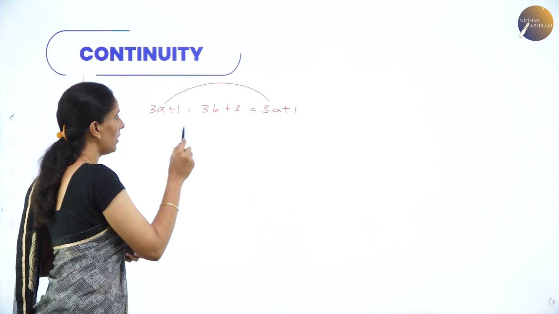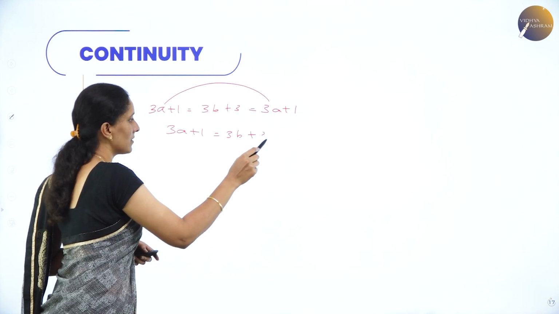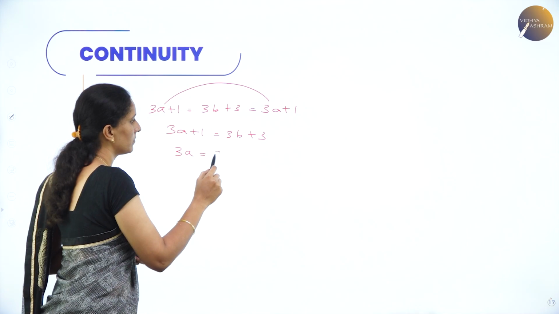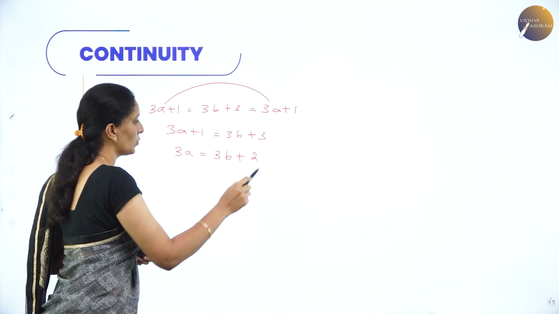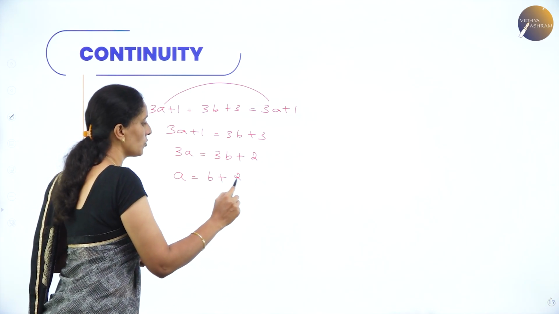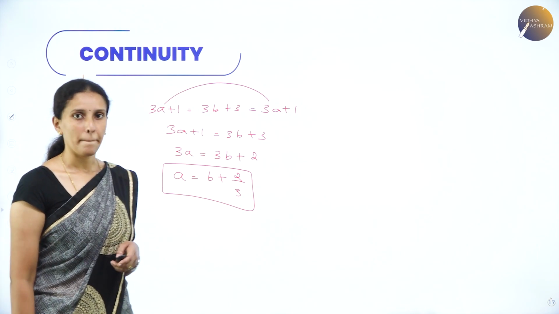Since these are equal, we can write 3a plus 1 is equal to 3b plus 3, or 3a is equal to 3b plus 2, or a is equal to b plus 2 by 3. So this is the relation between a and b.